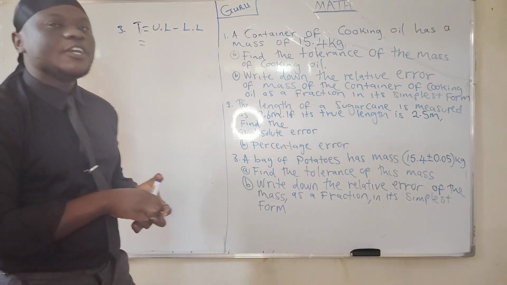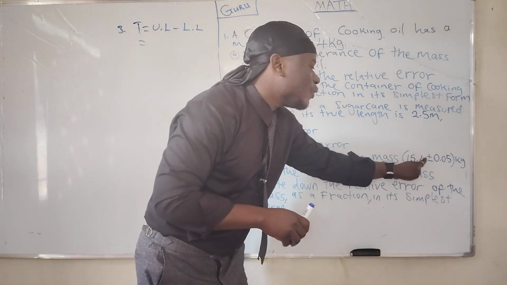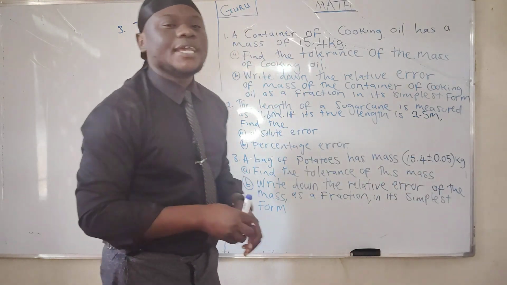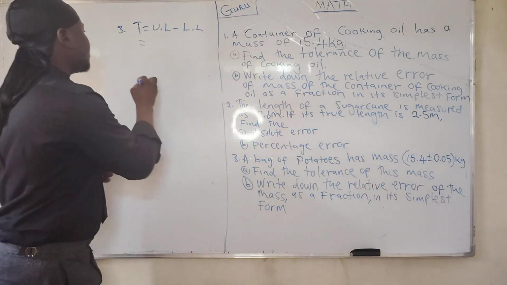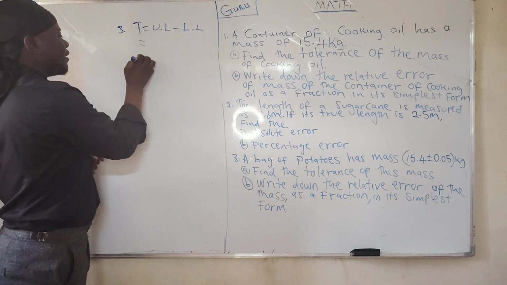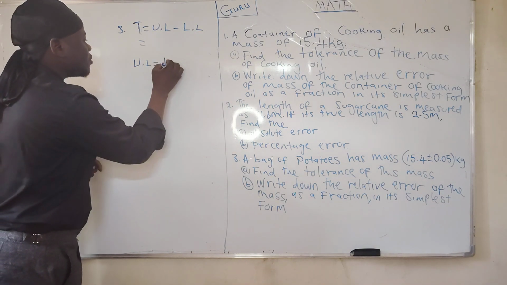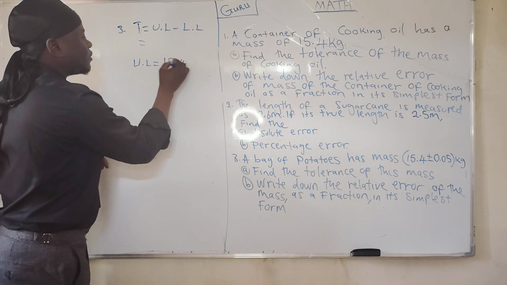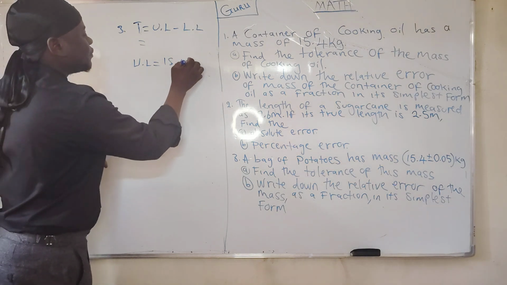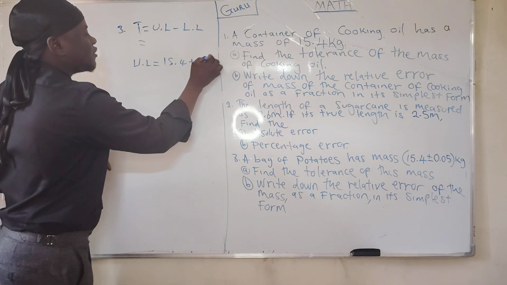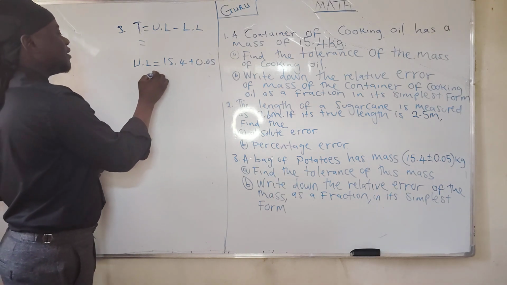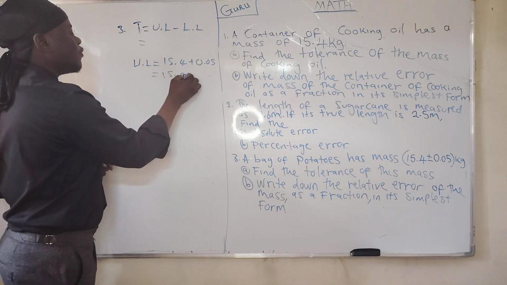So on this question, when there is a plus here, meaning when you add, then you are getting the upper limit. So you just use plus: 15.4 plus 0.05. When you add here, you have 15.45.